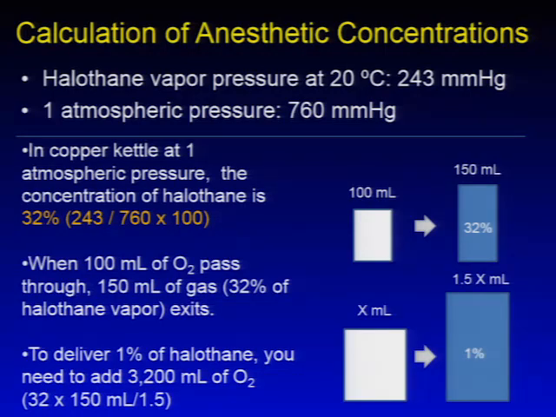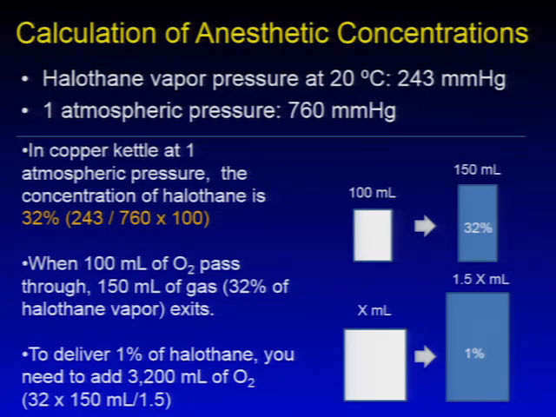So you can use this concept to calculate an anesthetic concentration. Now, you know that halothane's vapor pressure at 20 degrees Celsius is 243 millimeters of mercury, and that 1 atmospheric pressure is 760 millimeters of mercury.